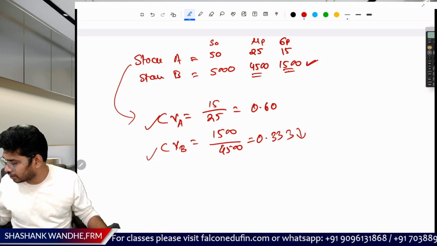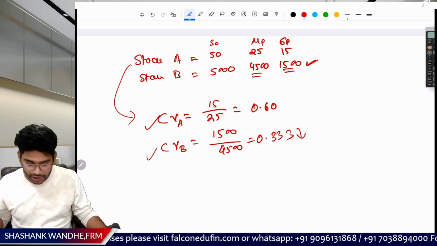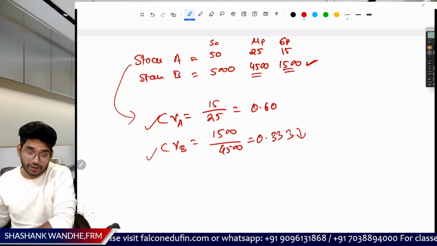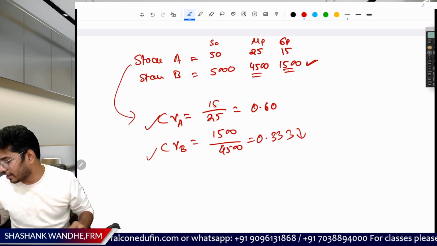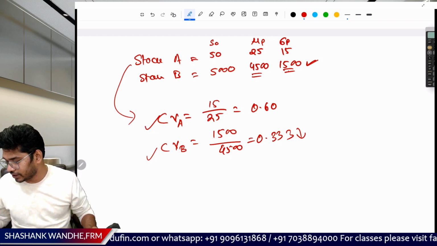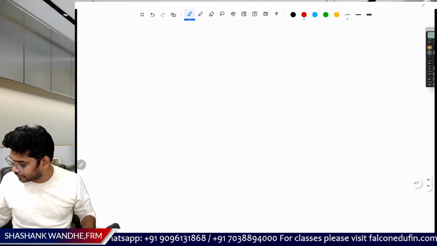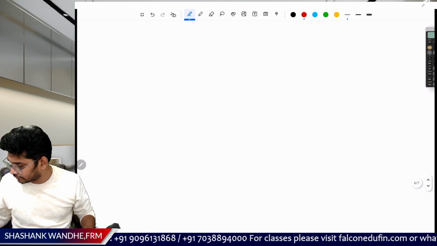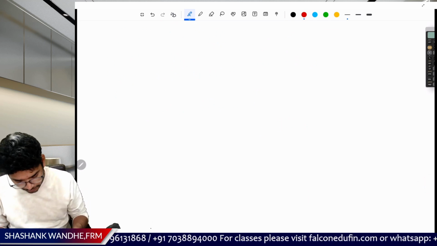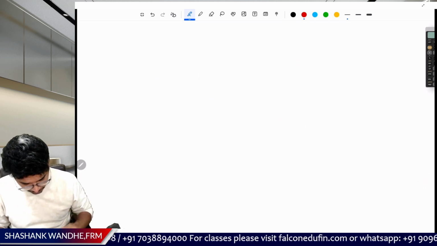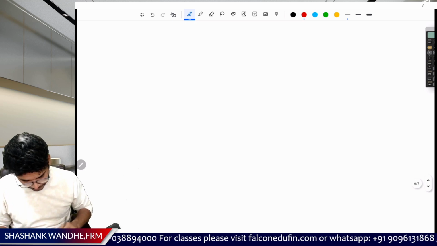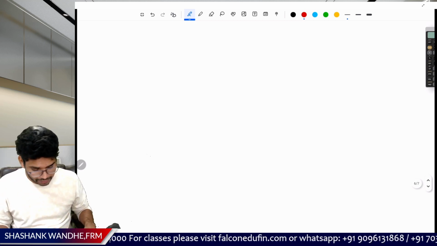Then we have discussion related to skewness and kurtosis. There's a problem in explaining skewness and kurtosis without explaining the distributions, but still we'll try. Now understand this.